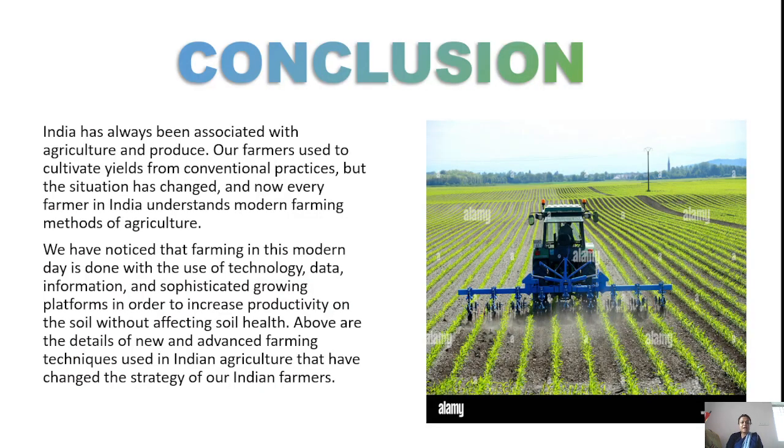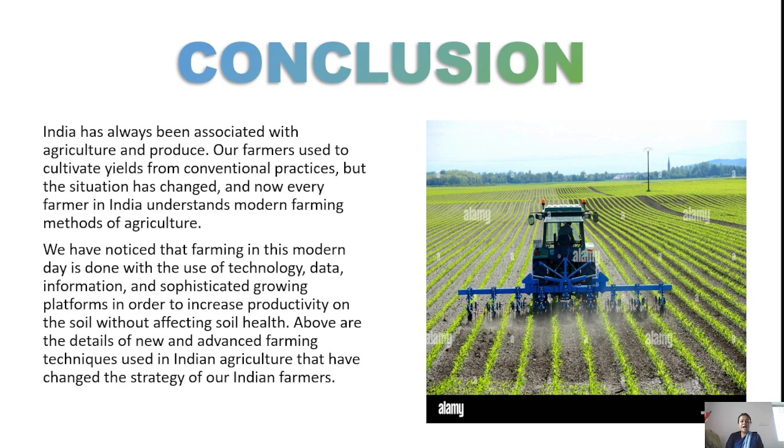Last is the conclusion. India has always been associated with agriculture and its produce. So our farmers used to cultivate the fields from ancient times. The time and the situation have changed, and there is a need for the development of skill in modern farming technology in agriculture.